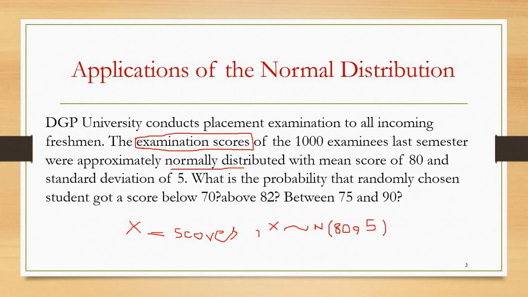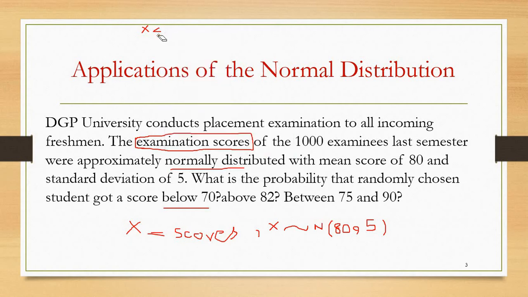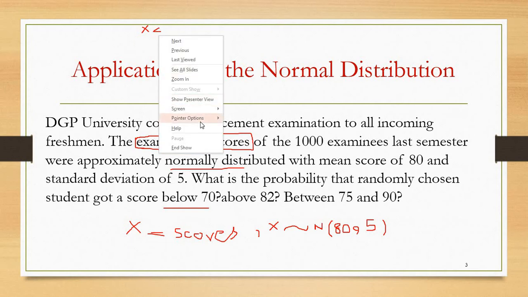So what they are asking us, find out the probability that randomly chosen student got a score below 70. So score below 70, as x is representing the score and it's below 70, it means it's less than or equal to, or less than, you can simply write it as less than, as it's continuous probability distribution, so it gives us the same meaning.